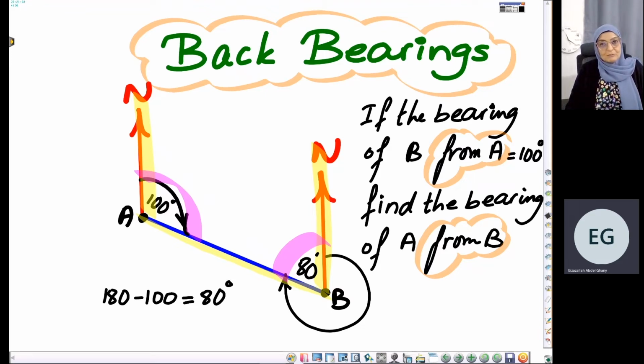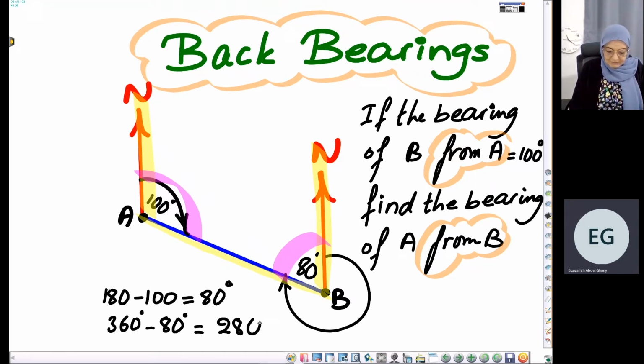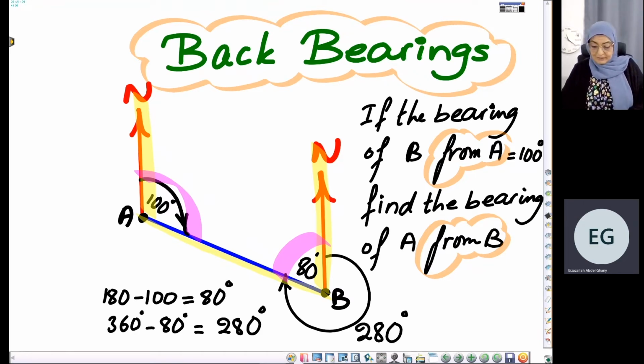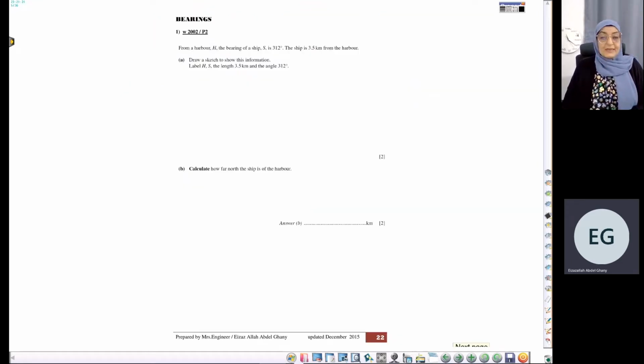How to find it? It looks like a full pizza and you took the pink slice out of it. So you just subtract 360 degrees minus this 80. It will be 280 degrees. This is how to find the back bearing, and let's go to my workbook.